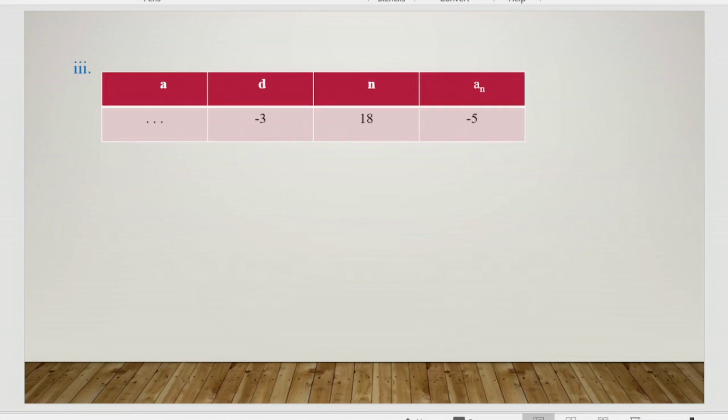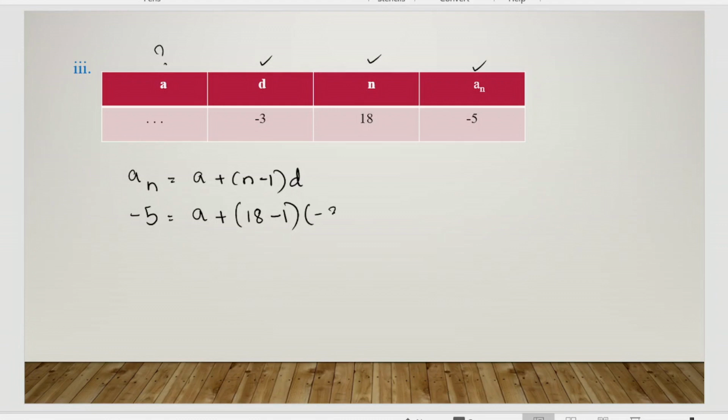Now let us see the next question, which is the third part. He has given us the common difference, N and the nth term of an AP. Now we need to find the A value. Okay, let us use the same formula. AN is equal to A plus (N minus 1) D. We know AN, which is minus 5. A plus, we also know N, which is 18, minus 1, into D, which is minus 3.